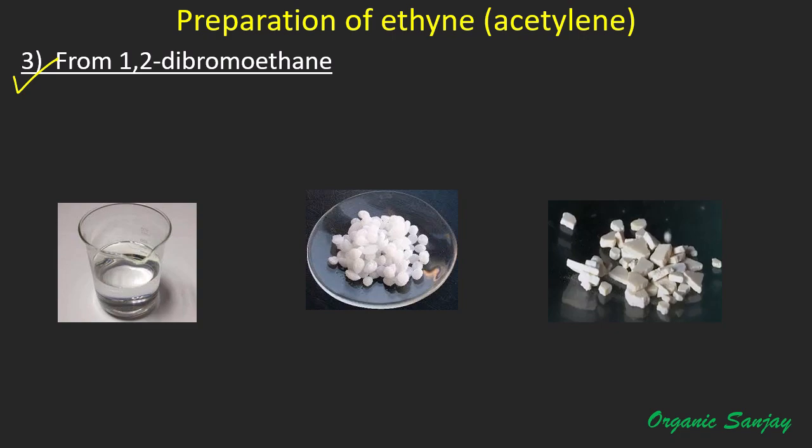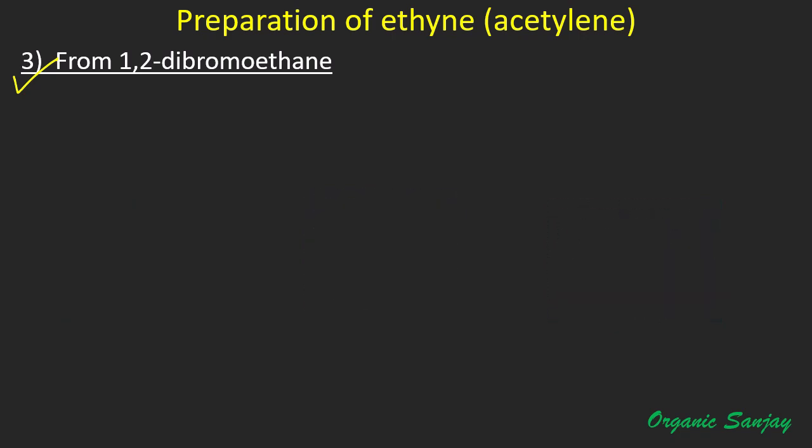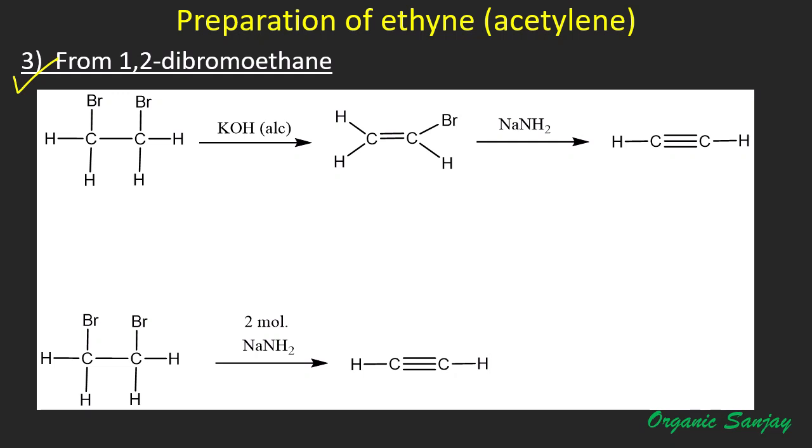Now, let us write the chemical reaction. Let me show you the chemical reaction. This is the chemical reaction of preparing ethyne from 1,2-dibromoethane. In the first step, you can see here, this is 1,2-dibromoethane.